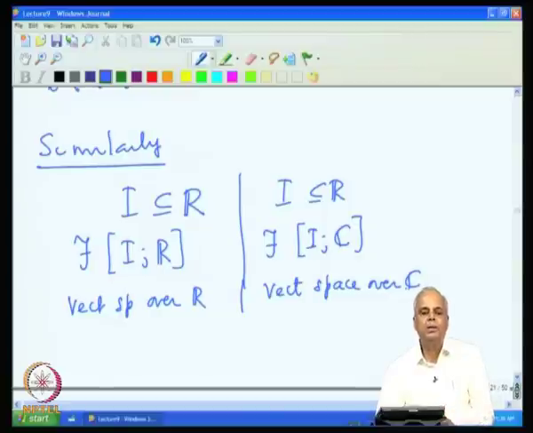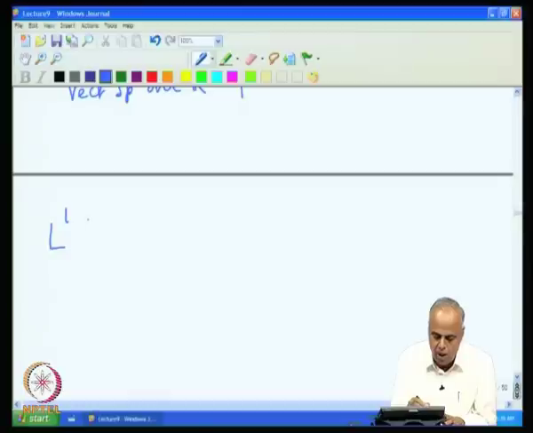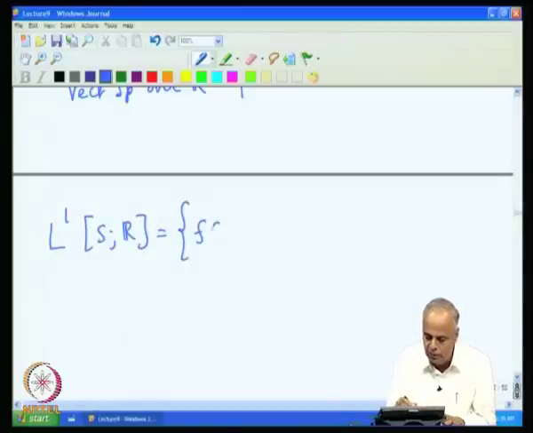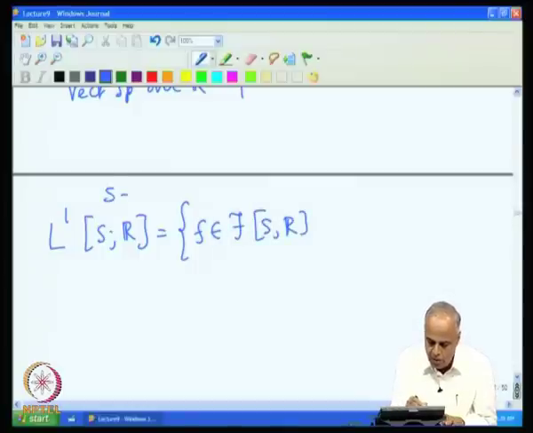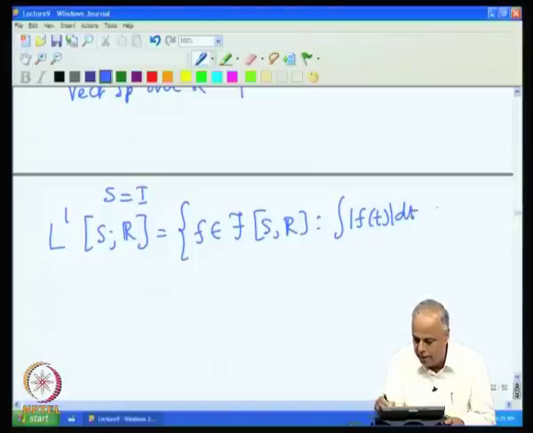Just like we considered special functions above where the sum was finite or the sum of the squares was finite, here we can consider functions for which the integral of the absolute value of f is finite and the integral of the absolute value of f squared is finite. So, we get L1 S R to be the set of all functions from S to R, where S is now the interval I, such that the integral of mod f of t dt is well defined and is finite.